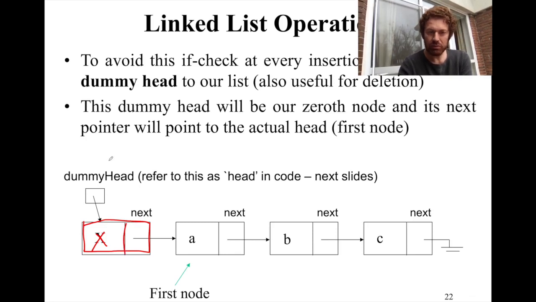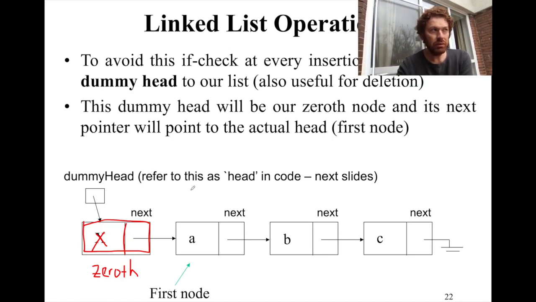So dummy head is never going to be equal to null. It will always be this. So you can also consider this as a zeroth node, if it will make you more comfortable. So this will be your zeroth node, and the next of zeroth will be the first node. So this is the actual, non-dummy data.